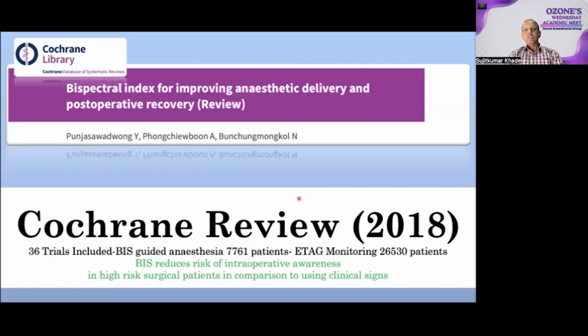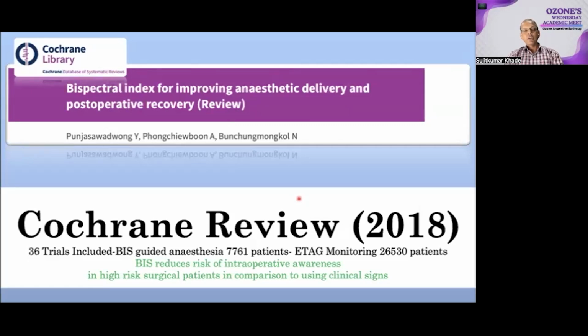The authors' conclusion is that BIS-guided anesthesia can reduce the risk of intraoperative awareness in surgical patients at high risk of awareness in comparison to using clinical signs as a guide for anesthesia depth.